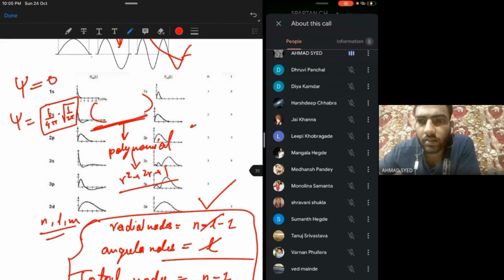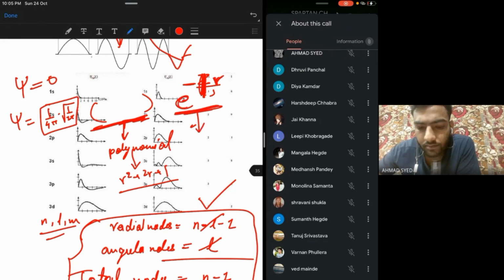So there is a polynomial and then there is an exponential term, e power minus Zr upon some constant. This will be psi radial, the radial part. And then there will be an angular part like sine theta, cos phi, like that.